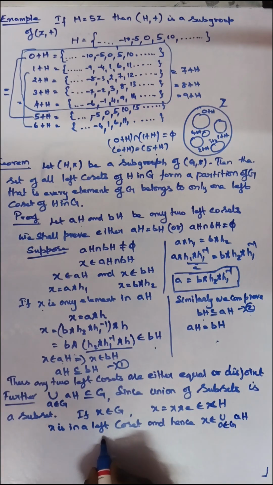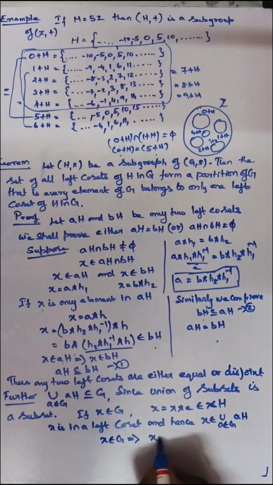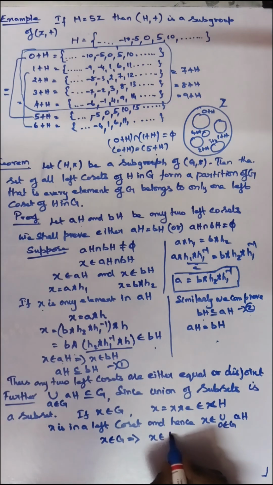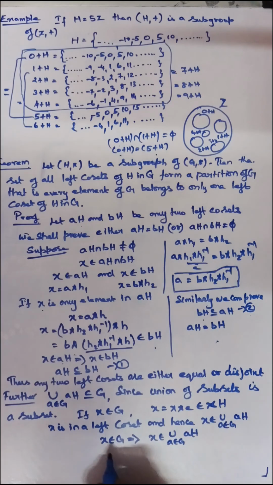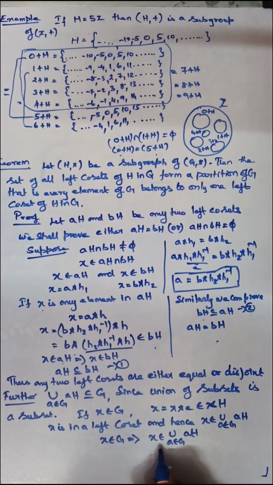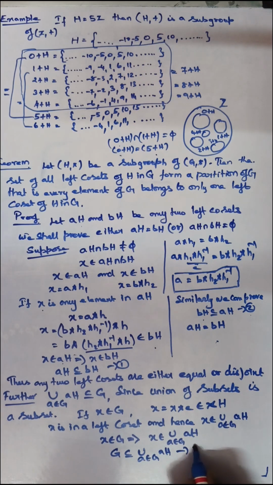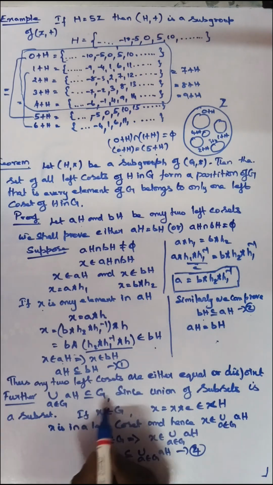So x belongs to G implies x belongs to the union of AH, a belongs to G. We started with x belongs to G, and finally we proved that x belongs to the union. So G is a subset of the union of AH, a belongs to G. This is 4, and you can keep the earlier one as 3.